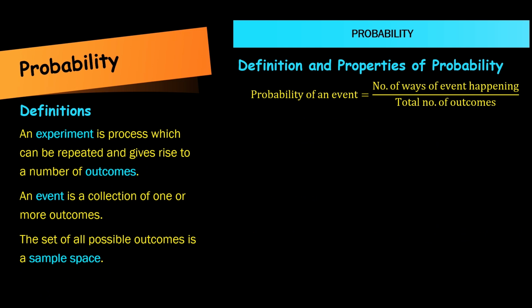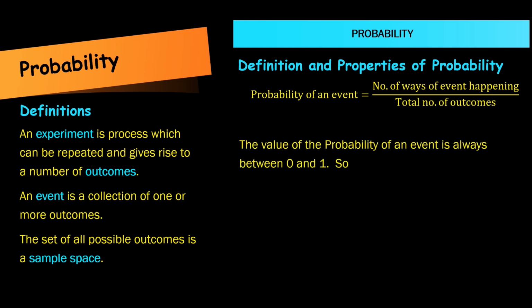Let's now take a look at some important properties of probability. The value of the probability of an event is always between 0 and 1. So we can write this as 0 less than or equal to probability less than or equal to 1.